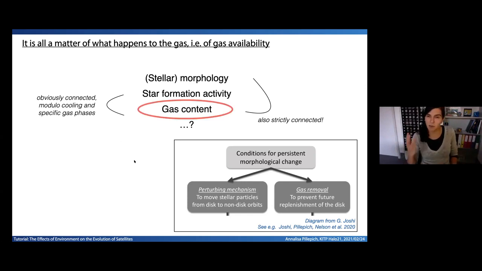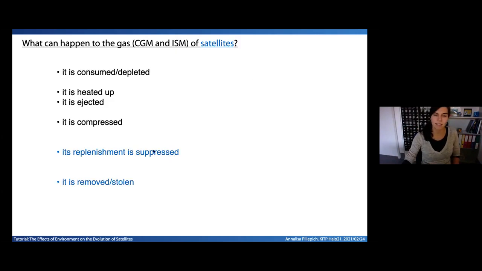And so let's focus on the gas content and gas availability. Instead of talking about the buzzwords that you often hear in environmental studies, I just ask: what can happen to the gas of satellites, both the ISM and the CGM? It can be consumed or depleted, it can be heated up or cooled down, it can be ejected, it can be compressed. Its replenishment can be suppressed, or it can be removed, stolen.